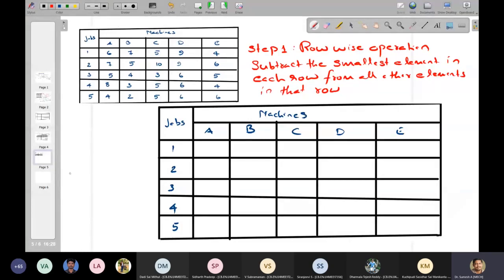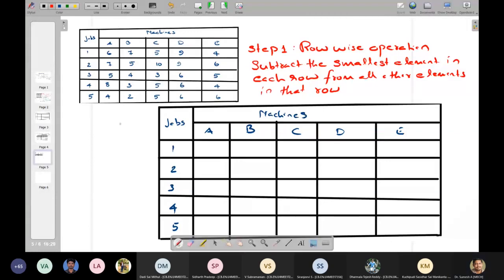So tell me the values: 6 minus 4, 7 minus 4, 5 minus 4, 9 minus 4 and 4 minus 4, which gives 2, 3, 1, 5 and 0.